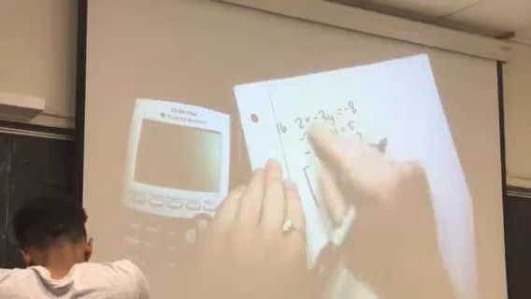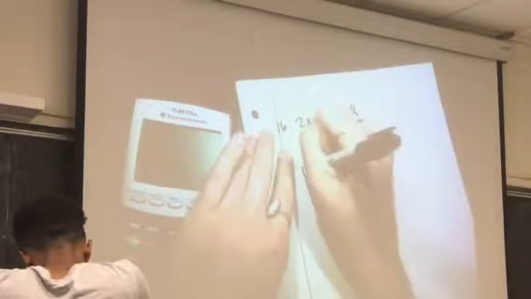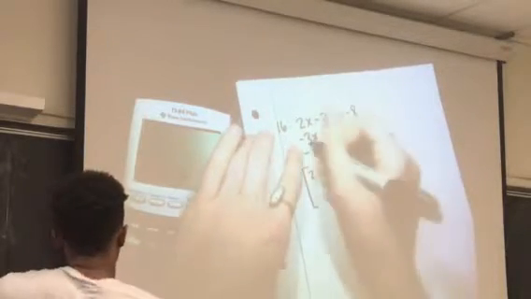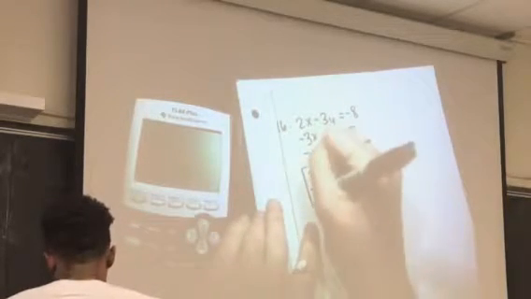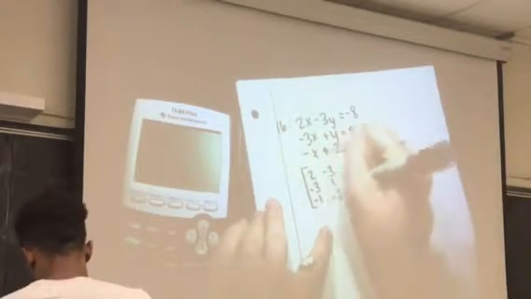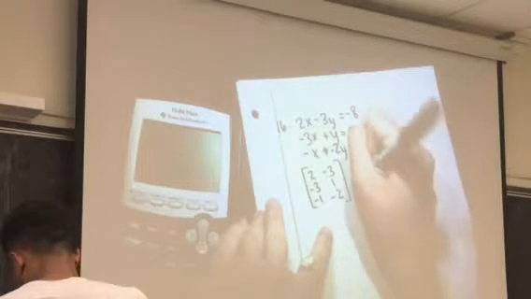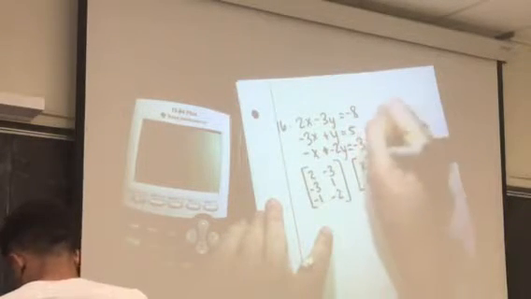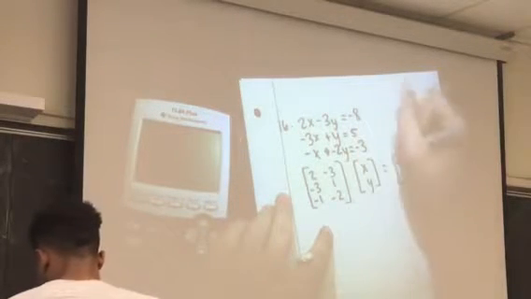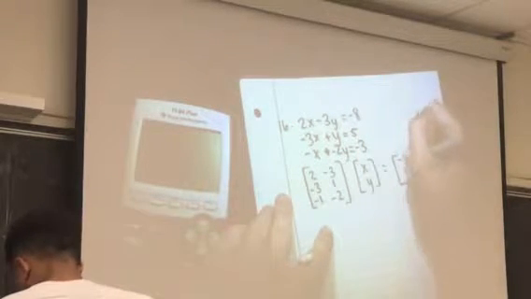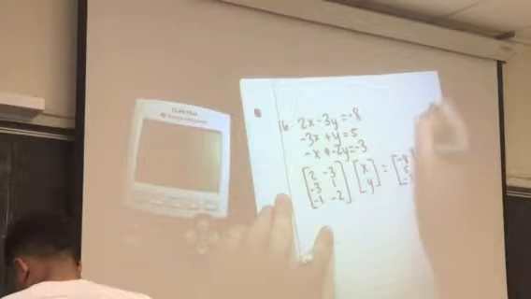Okay, so you take all the coefficients. We have 2, negative 3, and then negative 3 and 1, and then negative 1 and negative 2, times x and y, equals these: negative 8, 5, and negative 3.